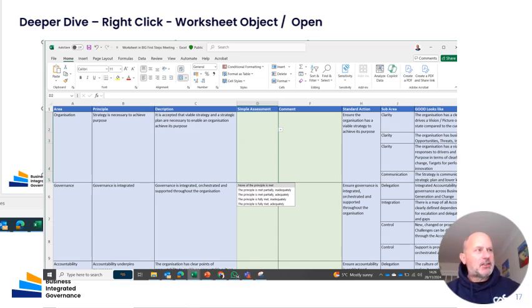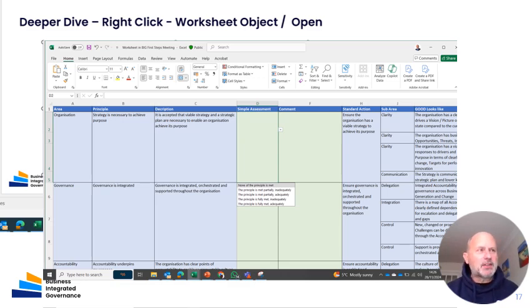And against each area then we've got the principle. So principle number 1 there: strategy is necessary to achieve purpose, with a description. It's accepted that viable strategy and strategic plan are necessary to enable an organization to achieve its purpose. And do you believe organizationally that that's true?